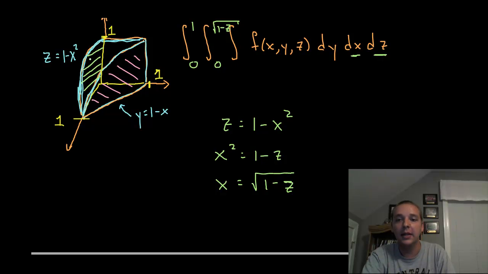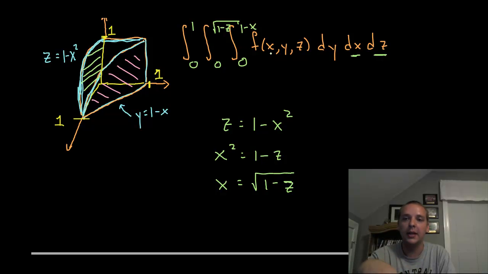And then once again I'm in that plane, so the y's I'll stretch out from left to right and bump up against the plane, and that would be again from 0 up to 1 minus x. And the order of this, you can see how nicely it would flow. If you integrated this with respect to y, then you could plug in a 1 minus x and a 0 and subtract.